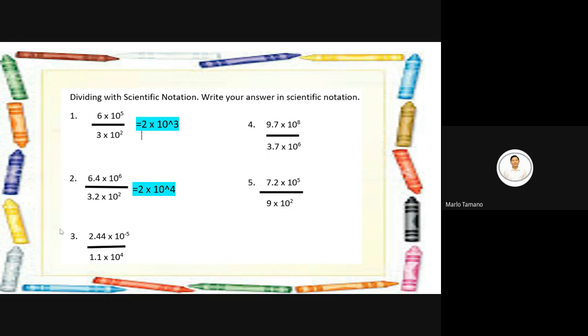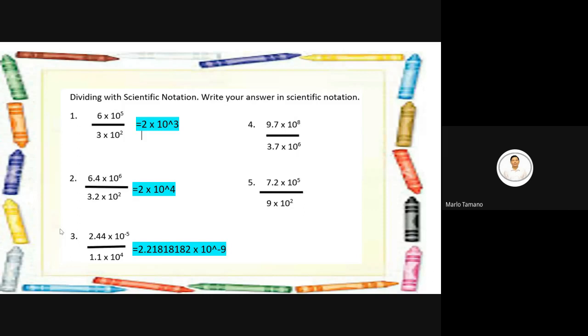Okay, so our final answer is 2.218, times 10 to the negative 9. Ni-round off ko na, okay? So 2.2181818 times 10 to the negative 9.